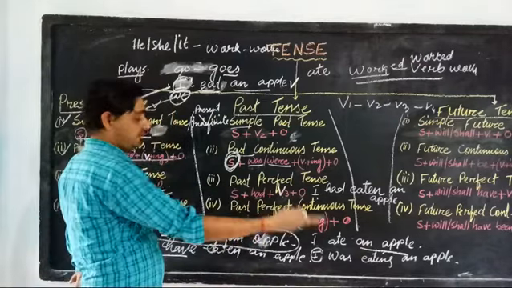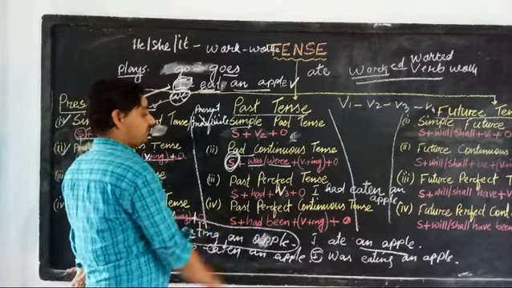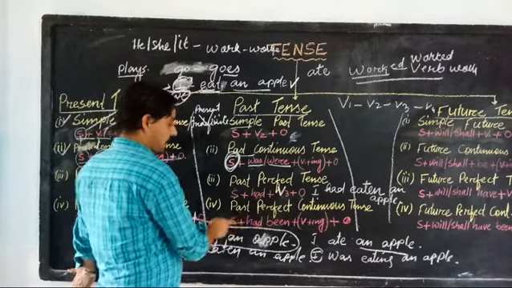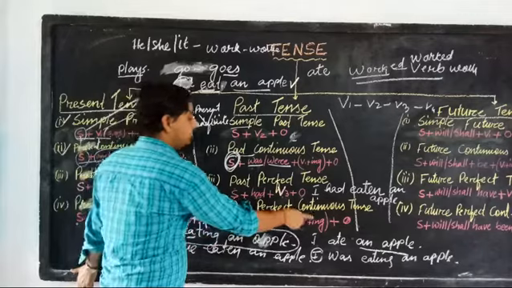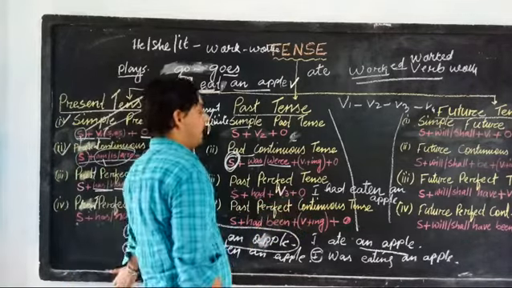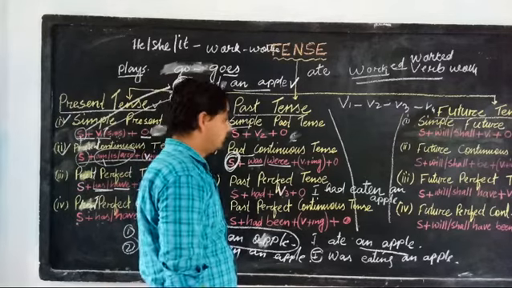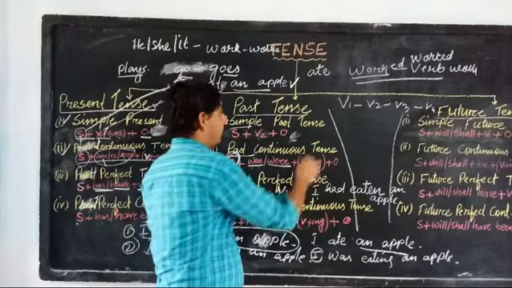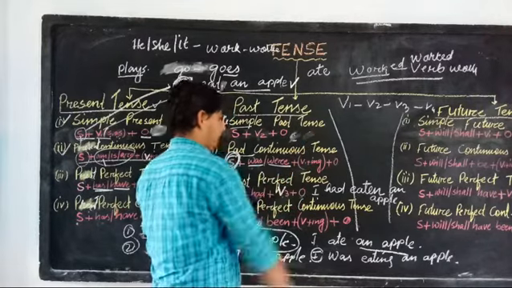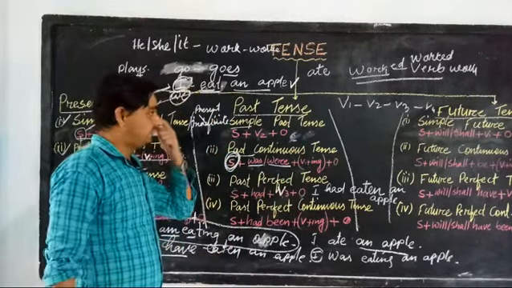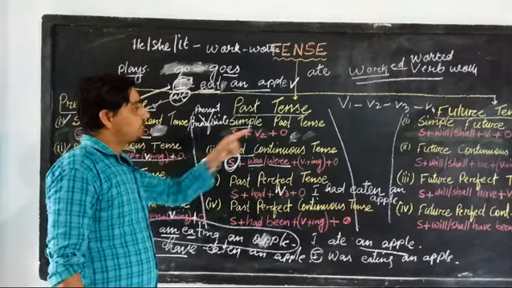If you convert this sentence into past perfect continuous tense, then we can write: I had been eating an apple. I think it is clear, so we will move to the next topic.